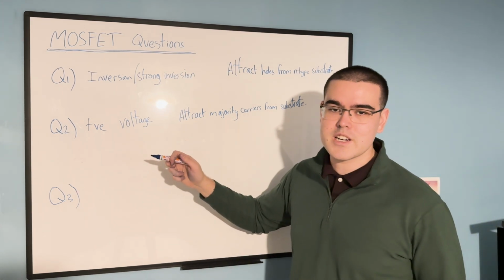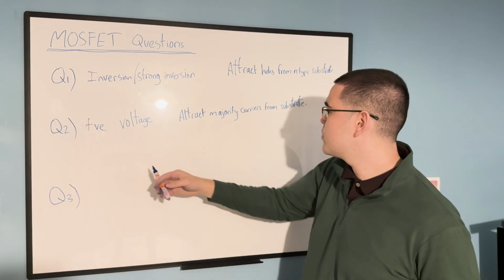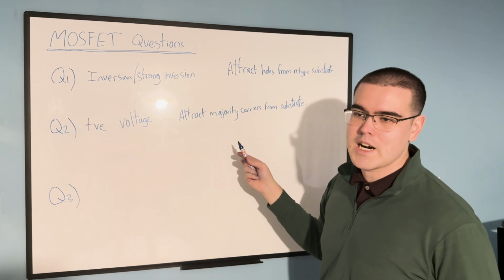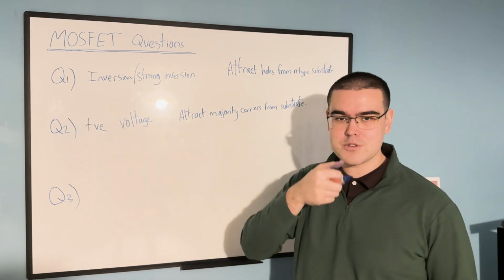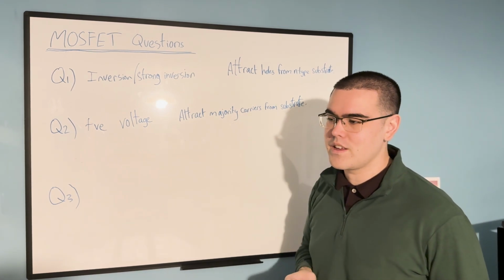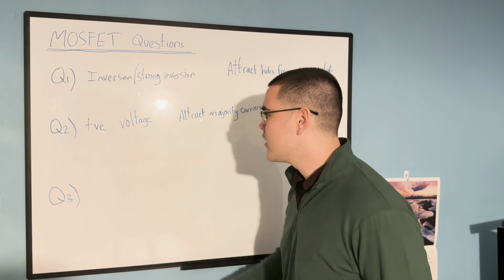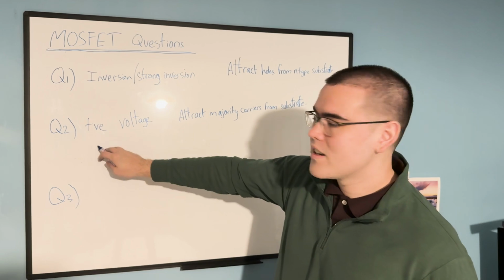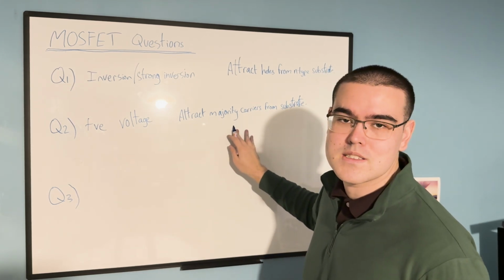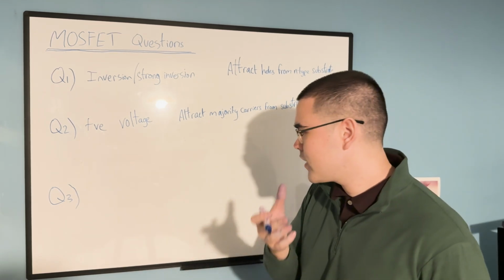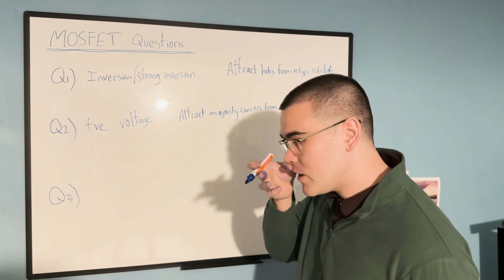So for a p-channel case, we need positive voltage to attract the majority carrier of electrons from the n-type substrate. But if it was an n-channel MOSFET, it would have a p-type substrate, so that would be a negative voltage, which would attract the majority carriers, which would be holes in the p-type substrate.